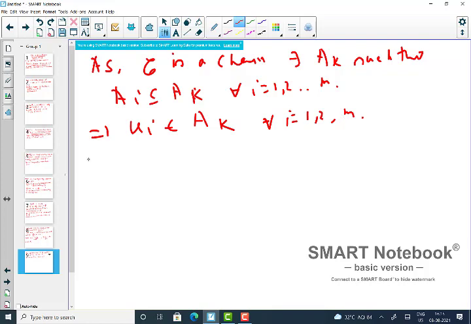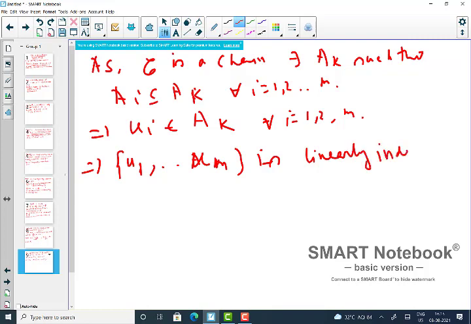So what does that mean? That means this u1, u2, ..., um is linearly independent, as ak is linearly independent, and every subset of a linearly independent set is also linearly independent, right?